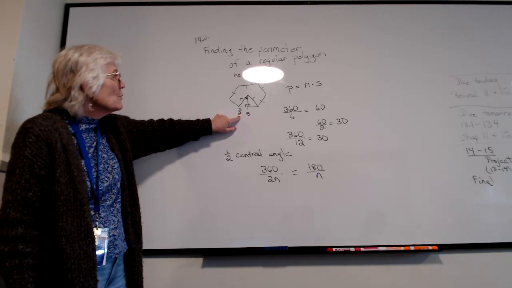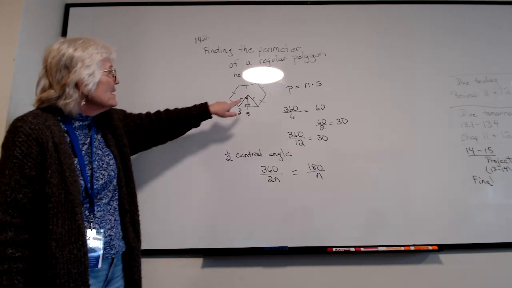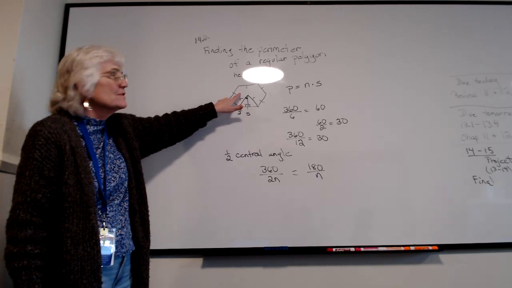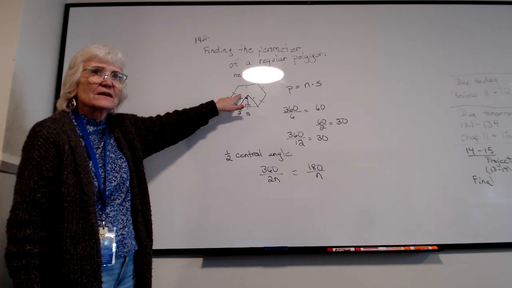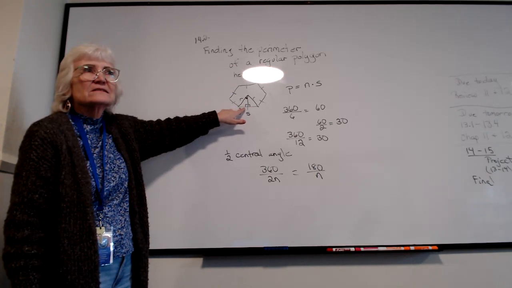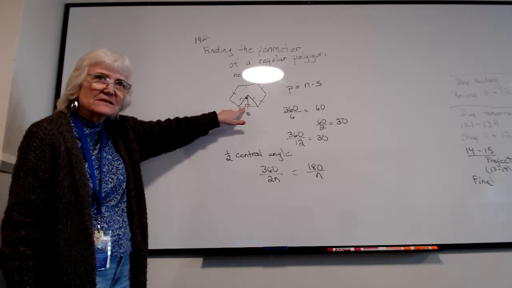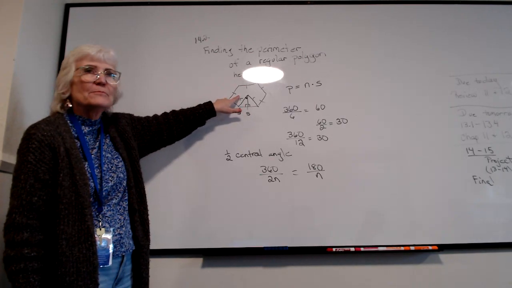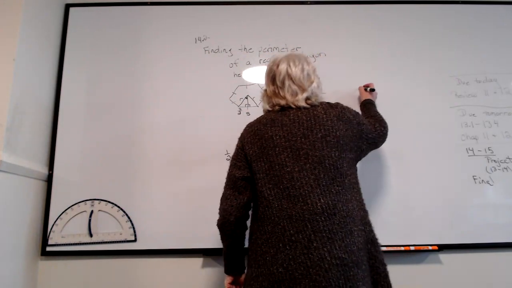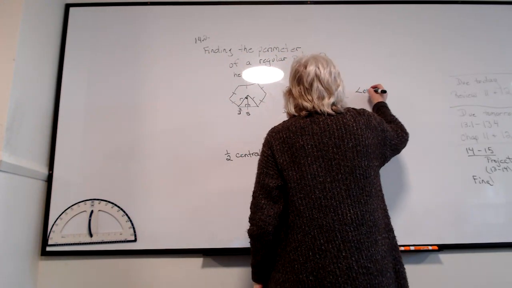So what we can set up is from this angle, we have this side over this side, which is the sine, because it's the opposite over the hypotenuse.